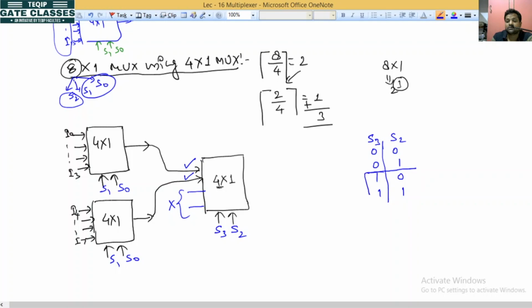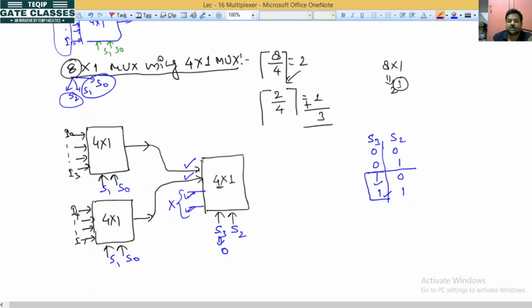When our S3 is 1, जब हमारा S3 1 होगा, then only this and this input are transferred to the output, ओके ना? सो हम क्या कर दें, यहाँ पे S3 की वैल्यू को ब्लॉक कर दें, किस पे? 0 पे. अगर S3 will never be 1, then these two inputs will never go to the output, okay na?